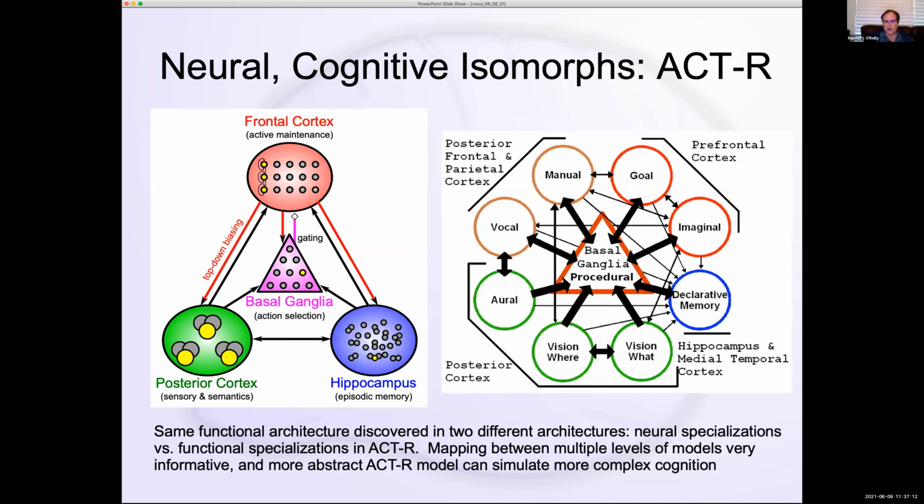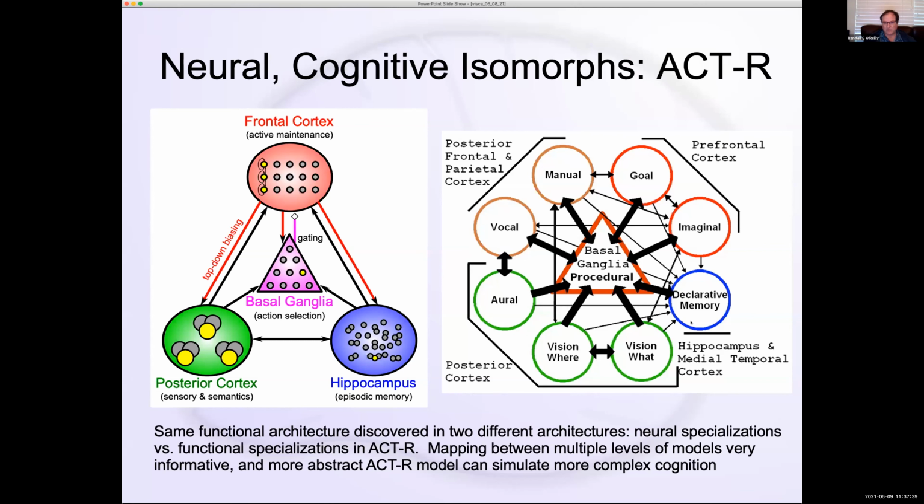And we collaborated with the folks, Christian Lebiere, principally, developing the ACT-R architecture, and really noticed that there is a very strong correspondence between what goes on in ACT-R and this basic cognitive neural architecture here. And in particular, this really central role of the basal ganglia, which is like the production system in the classic symbolic architectures, right? And that critical role of stepping through cognitive steps over time is really central to both ideas here.